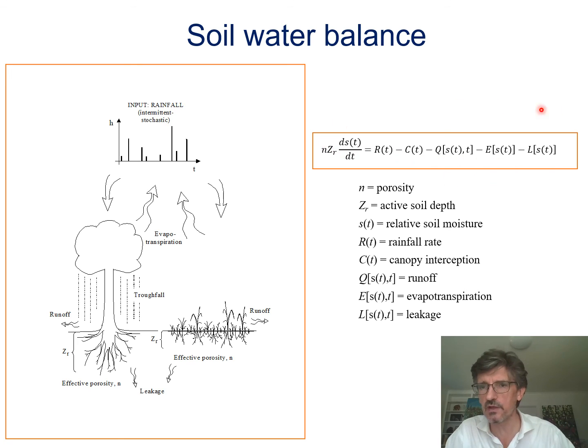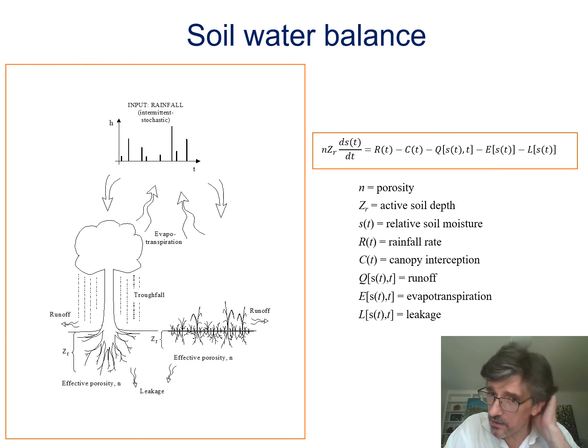Now, of course, this equation is not valid at a point, but is averaged over the root zone, what we call ZR, the active soil depth, basically the O and A horizons put together, where most of the roots are. Hydrologists also call it the active soil layer because it's really where the action of hydrology takes place.